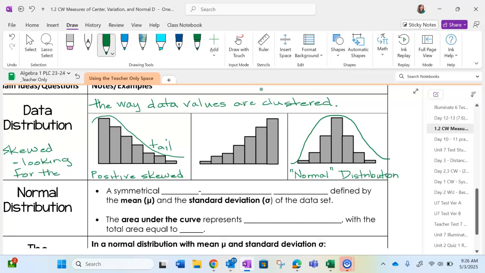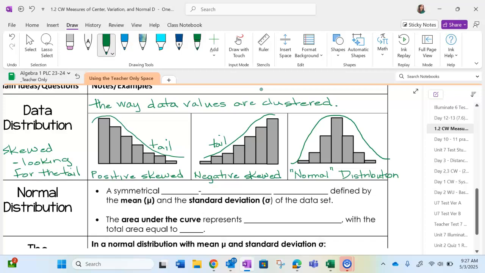That's going to help you determine what it's called. The tail is on the positive side, it's positively skewed. The tail is on the negative side. Okay, this is also the tail. This is negative skewed. Okay, it is not symmetrical at all.